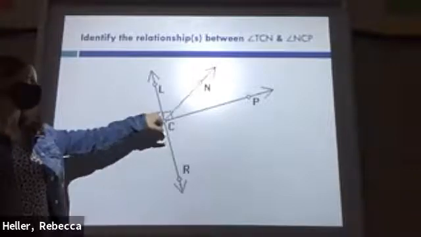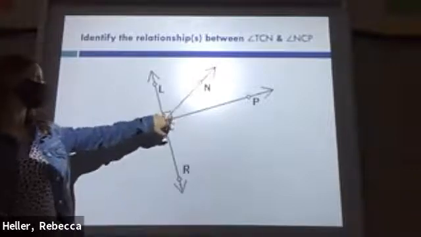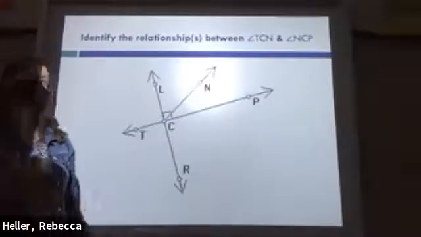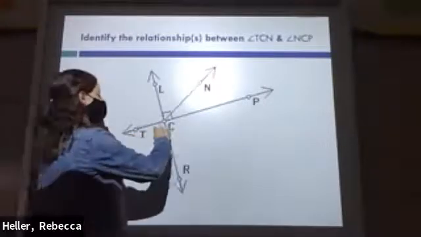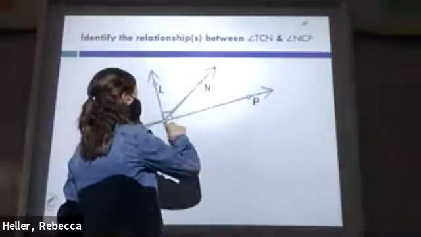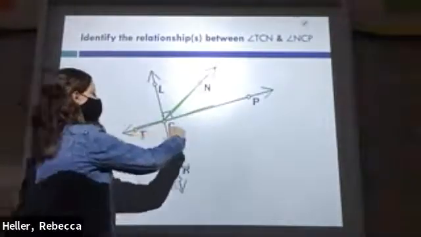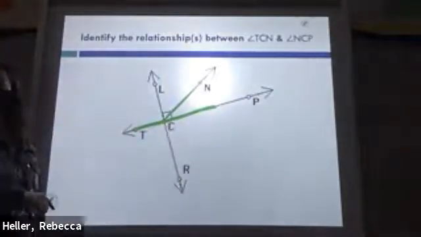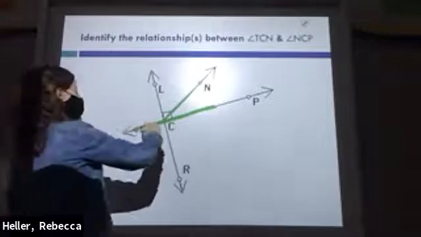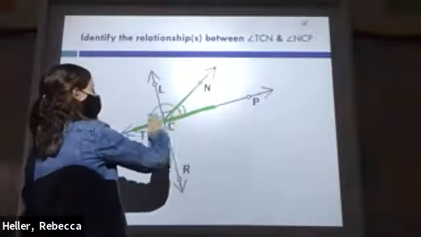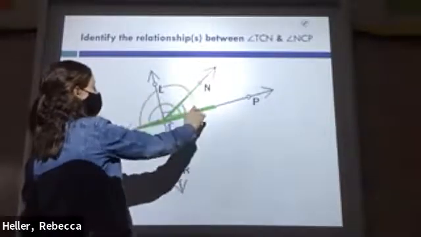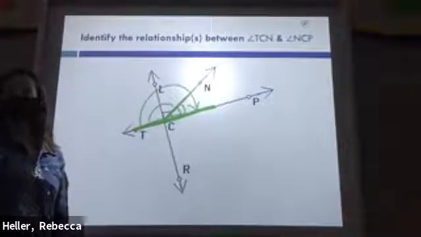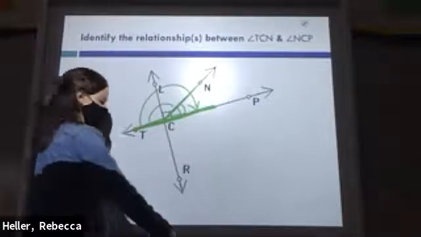I saw some of you writing down complementary, probably because you saw that 90-degree angle, which could apply, but not to the two angles that we are talking about here. TCN and NCP, remember we said for supplementary to look for that straight line. That's 180 degrees. So together, this angle plus this angle will make 180 degrees. So adjacent and supplementary. Both of those relationships apply here.